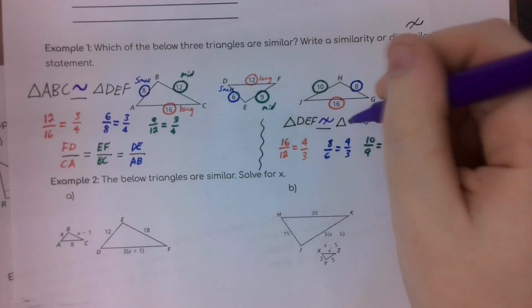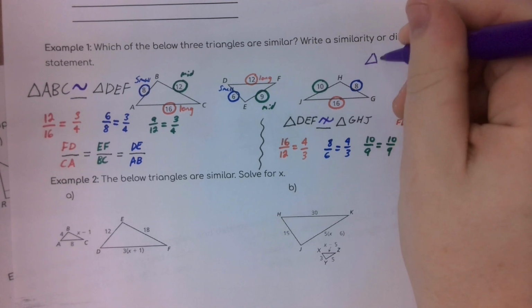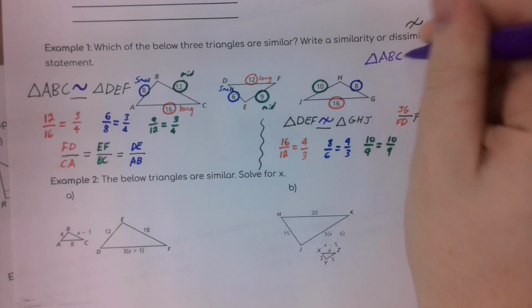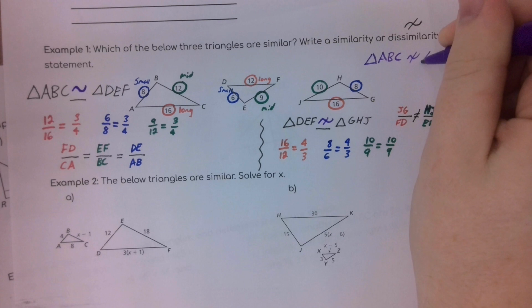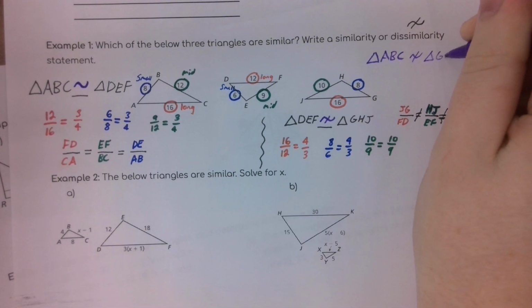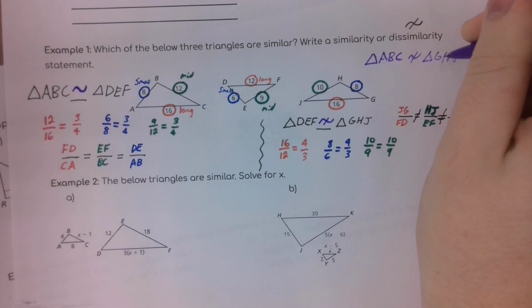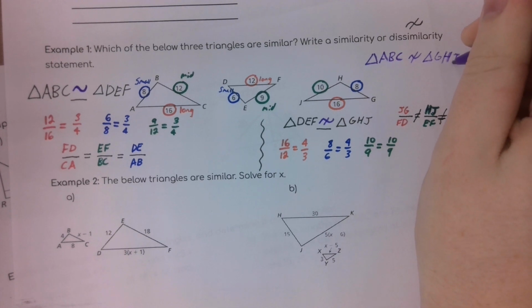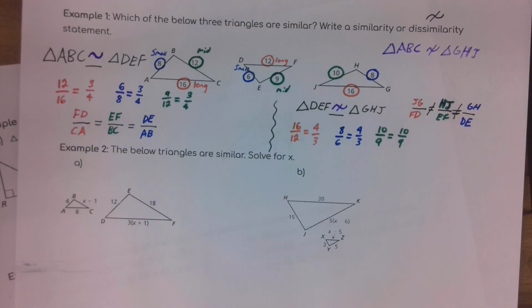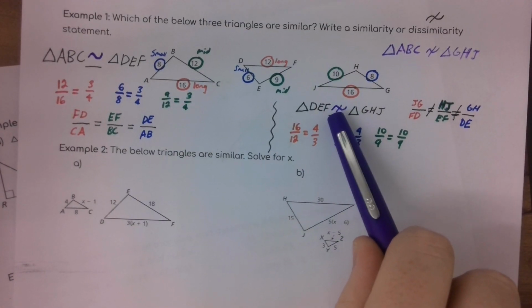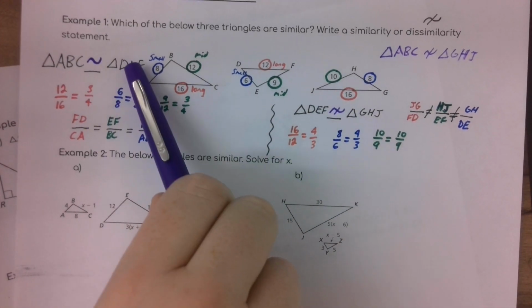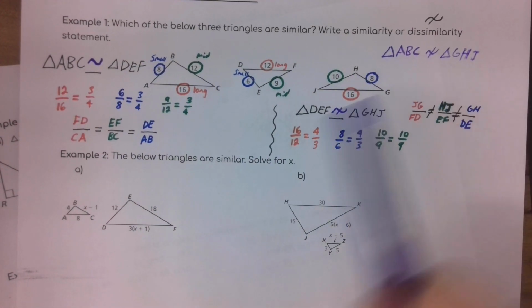But because these two are dissimilar, we can say ABC is dissimilar to GHJ. Again, we can jump straight to that conclusion because we had a dissimilarity here. And if these are similar and these aren't, the first and the third certainly are not either. Nice.